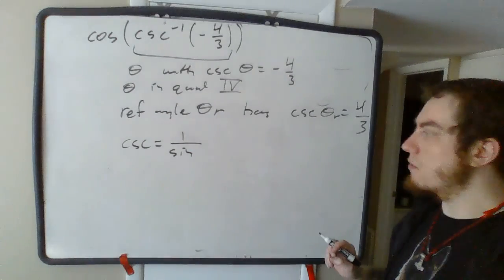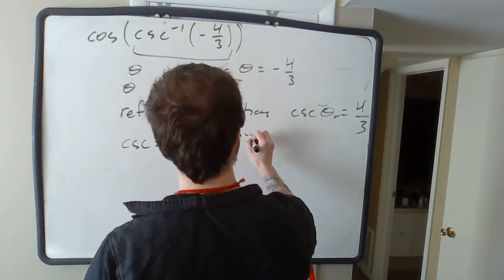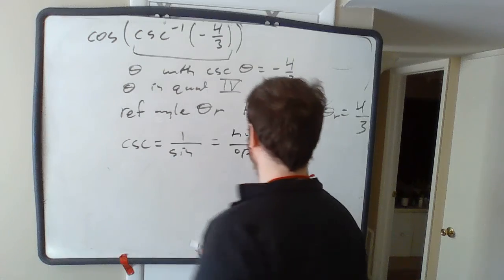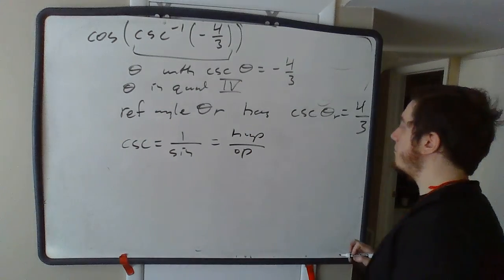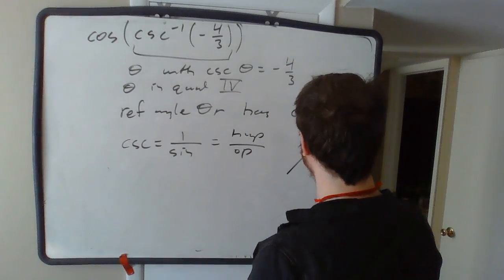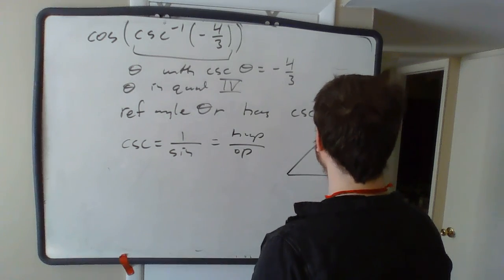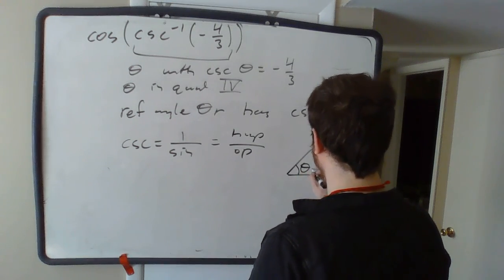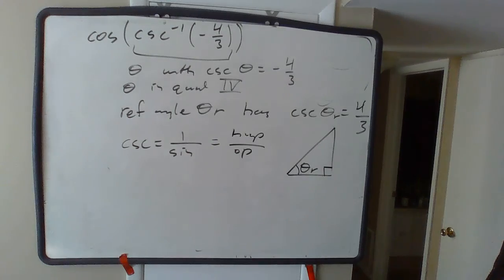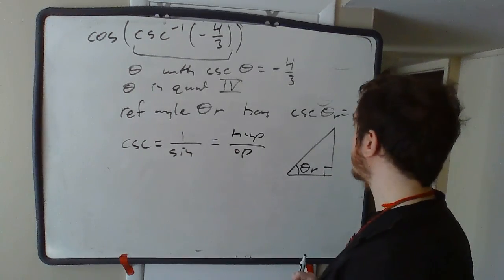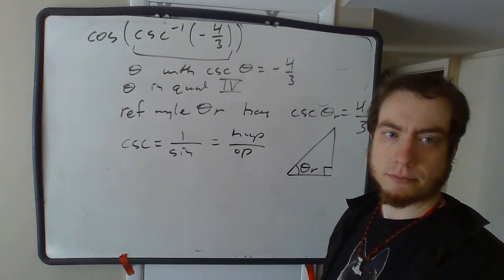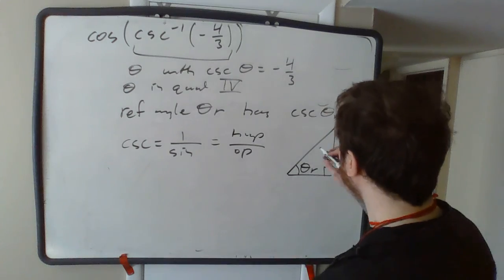Sine is opposite over hypotenuse, so this is hypotenuse over opposite. So see if you can build a triangle where the hypotenuse over the opposite for this theta r, the reference angle, is 4/3. Okay, hopefully we're able to figure it out.